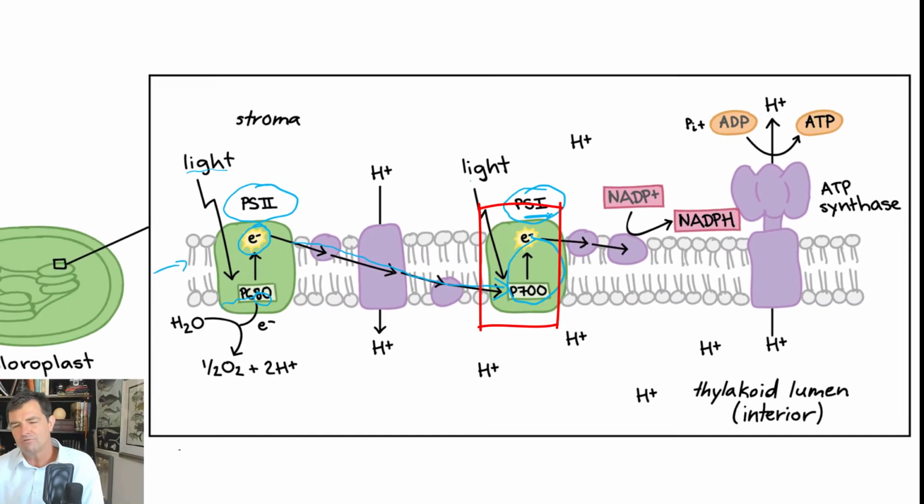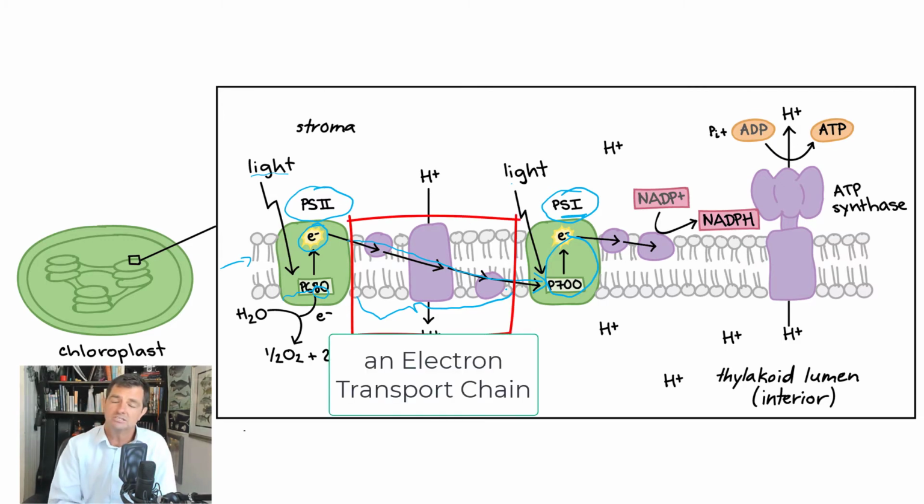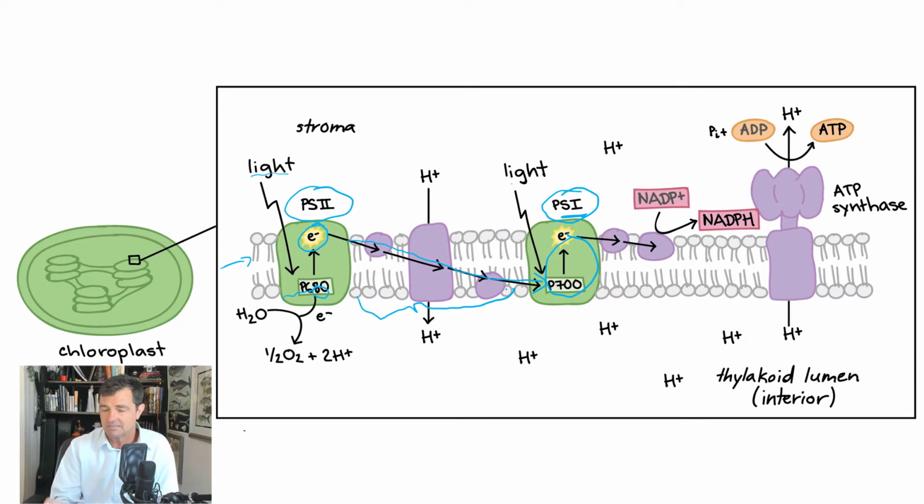Now you might have seen that before. That might seem familiar. This is a type of electron transport chain, although this isn't the one in cellular respiration. This is in photosynthesis, but it's a similar idea.